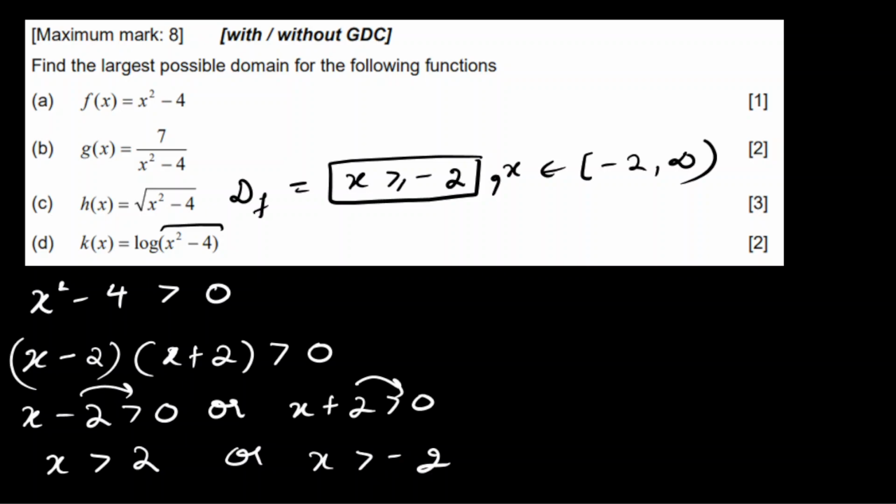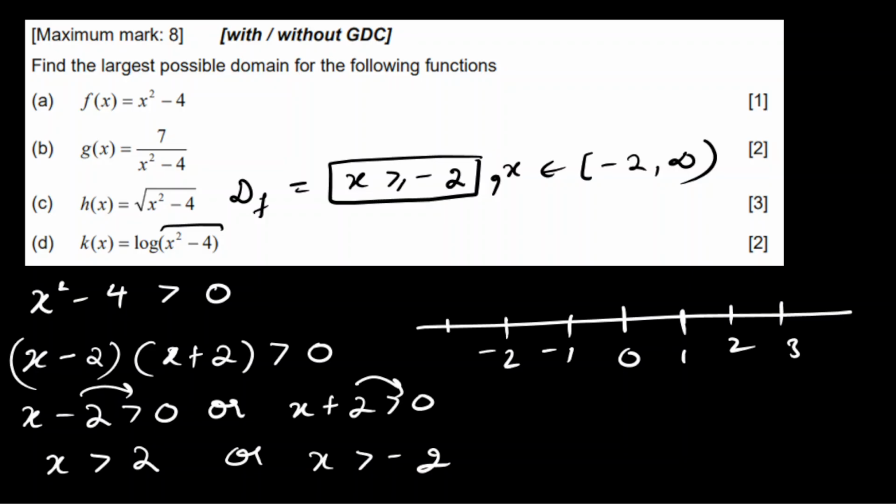Now we only have to combine and see again. If I draw the x-axis, because on the x-axis I have to see, this is 0, this is 1, this is 2, 3 and so on. This is negative 1, negative 2, negative 3.